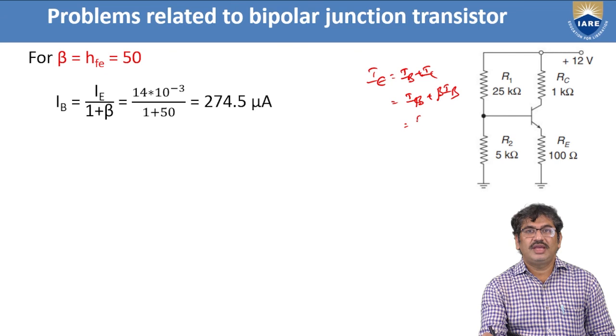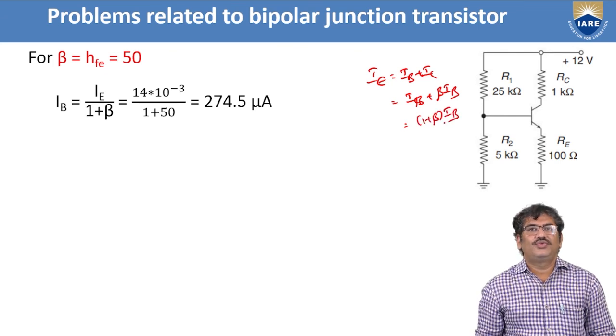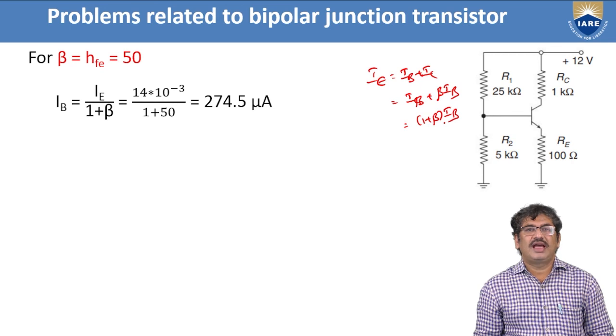By taking IB as a common term, we get 1 plus beta into IB. So from this, IB we can write as IE divided by 1 plus beta. IE we got as 14 into 10 power minus 3 divided by 1 plus the given beta of 50, which will give us IB is equivalent to 274.5 microamperes.